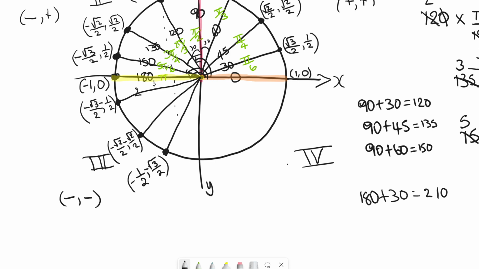So this is going to be 210. And then our next angle is going to be 180 plus 45, your 45-degree angle correspondence. And that's going to give us 225. And then we'll have 180 plus 60, which is going to give us 240.